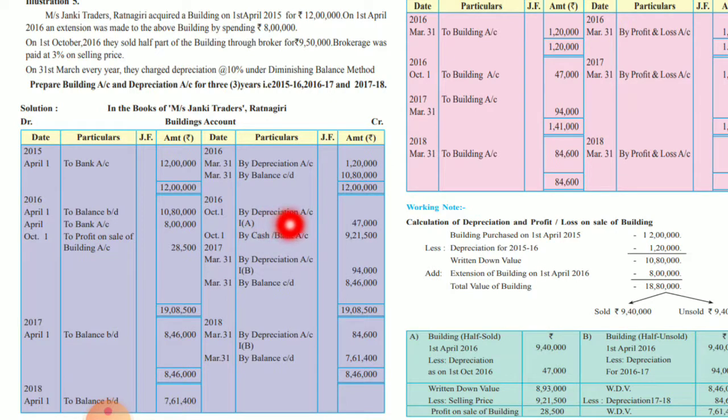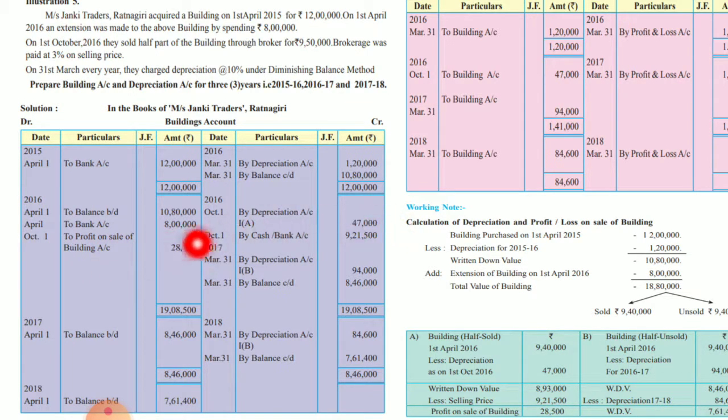So by depreciation account 47,000 is the depreciation that was calculated. And the building was sold for how much? 9,21,500. On that we have earned a profit of how much? 28,500. So on October 1 to profit on sale of building 28,500.